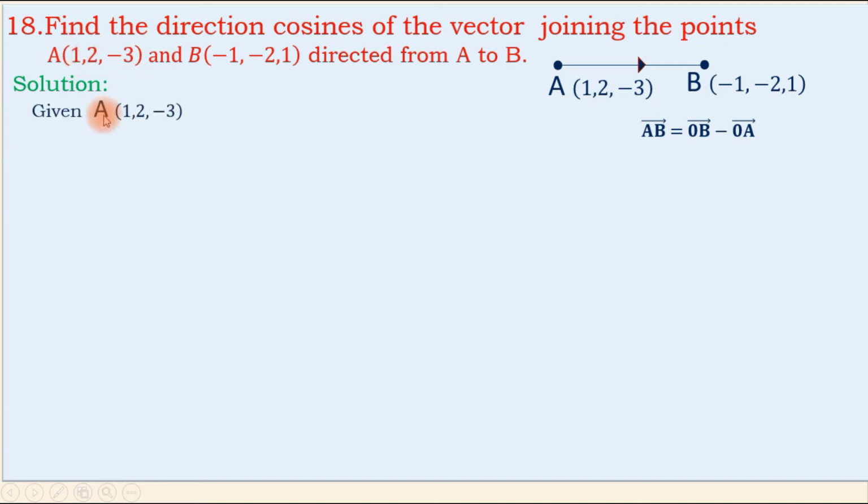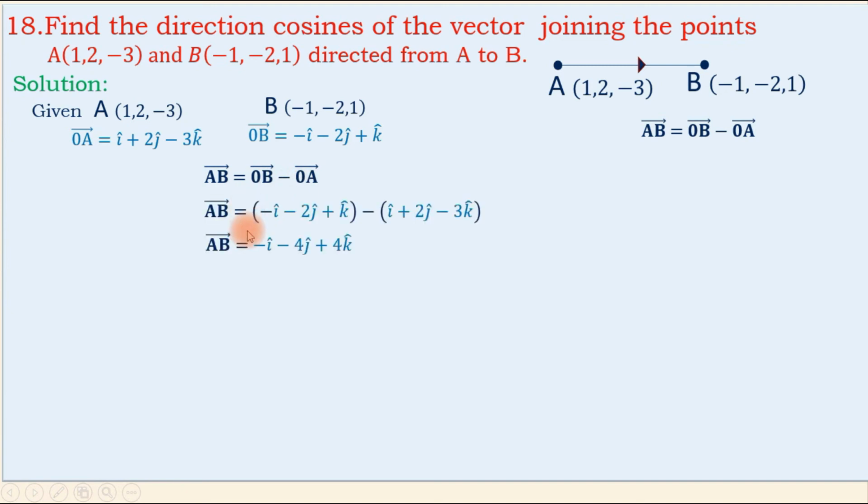Its position vector can be taken as OA vector equals i cap plus 2j cap minus 3k cap. And the point B is minus 1, minus 2, 1. Its position vector can be taken as OB vector equals minus 1 i cap minus 2j cap plus 1k cap. Find AB vector which is equal to OB vector minus OA vector. So that becomes AB vector equals minus 2i cap minus 4j cap plus 4k cap.